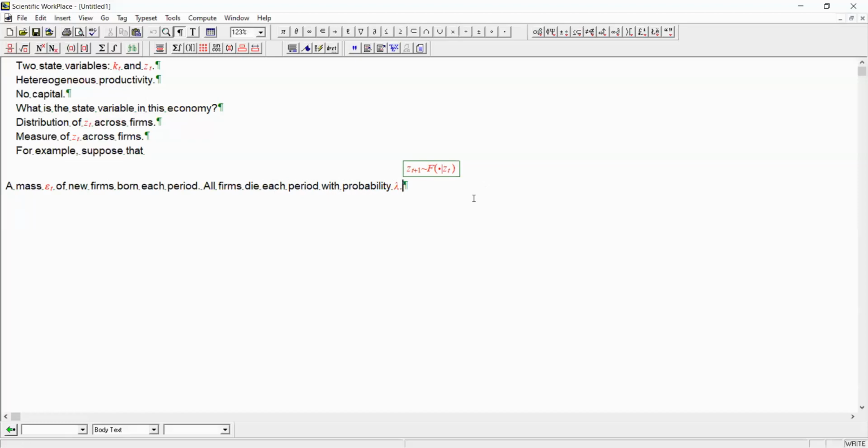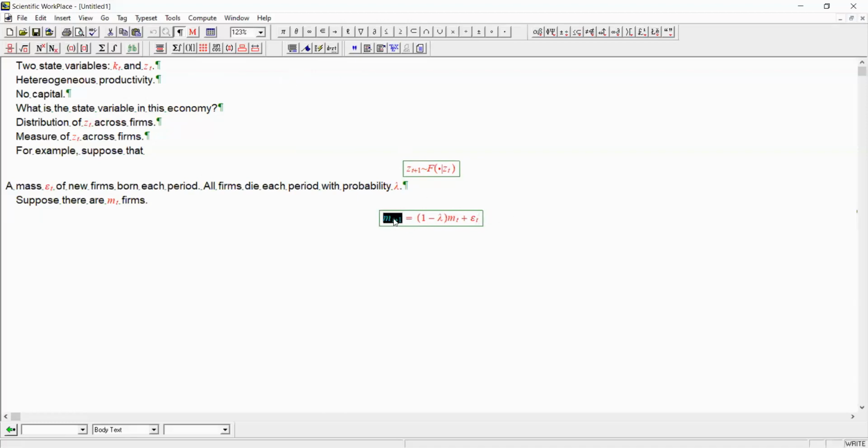Well, with this information, we can already say something about how many firms there would be. If there are M_t firms, then we're going to have that M_{t+1} is going to be equal to whichever firms from the past did not expire plus epsilon_t.